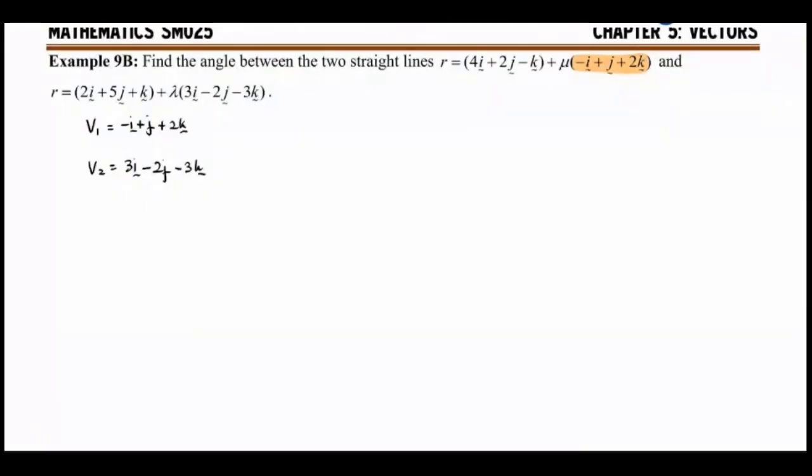So now we have V1 and V2. We find the dot product first. We have -1, 1, 2 and 3, -2, -3. So it will be -3 minus 2 minus 6. We get -11.